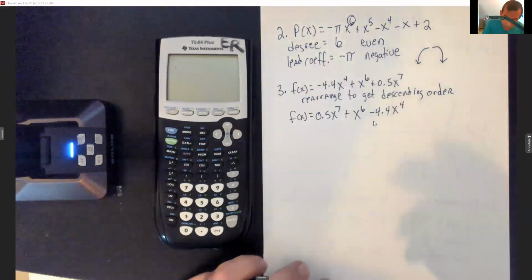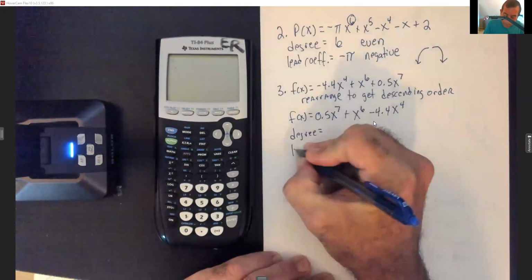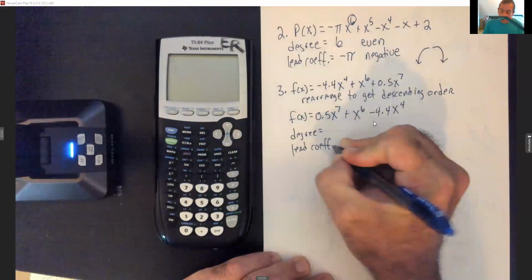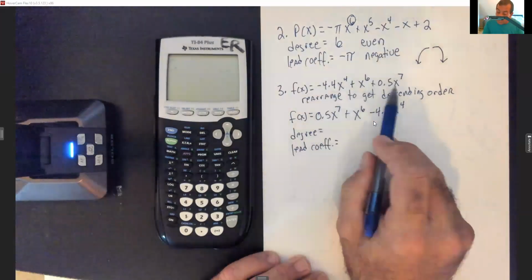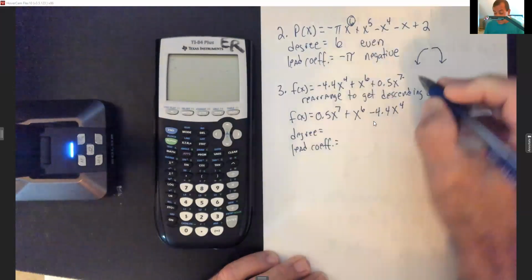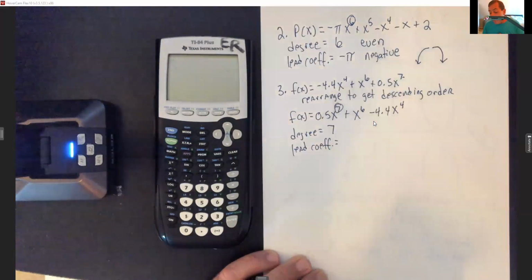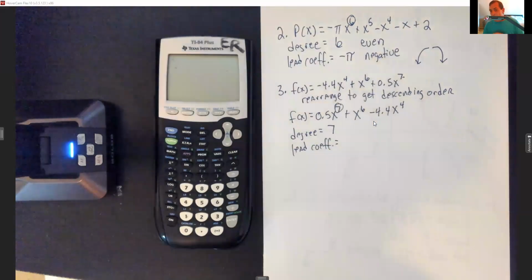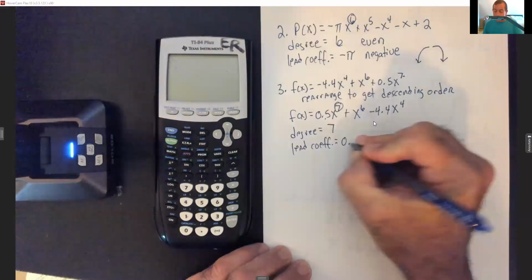So here we go. We're going to find our degree and the lead coefficient. Because y'all, when they're out of order, remember the degree is still the highest exponent, which is going to be that 7, okay? But now that I got them in order, I can easily tell that my degree is a 7. And the lead coefficient is always the number in front of the highest exponent term. So the lead coefficient would actually be the 0.5.